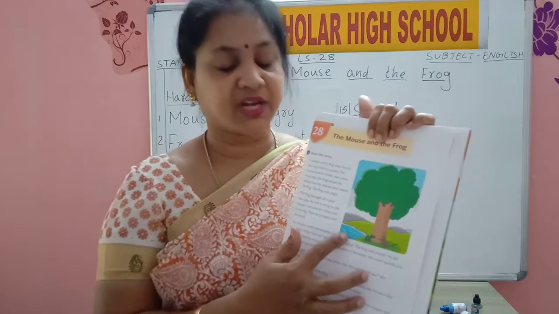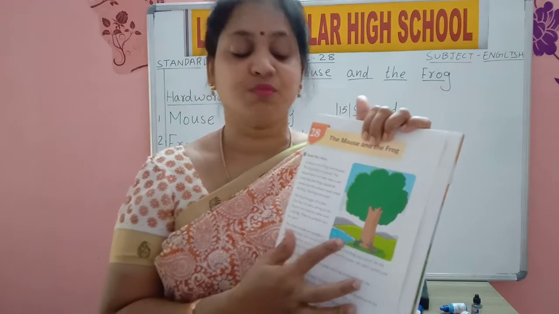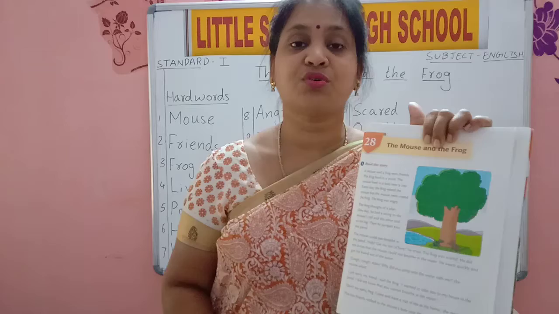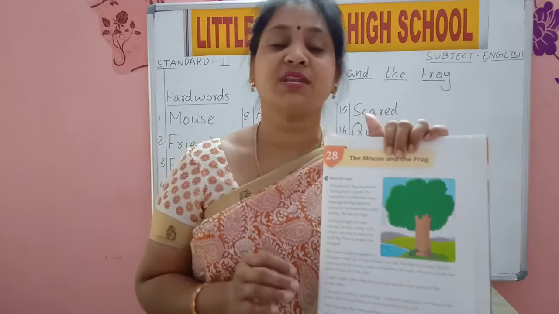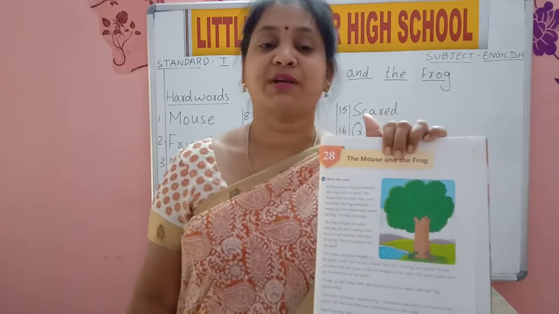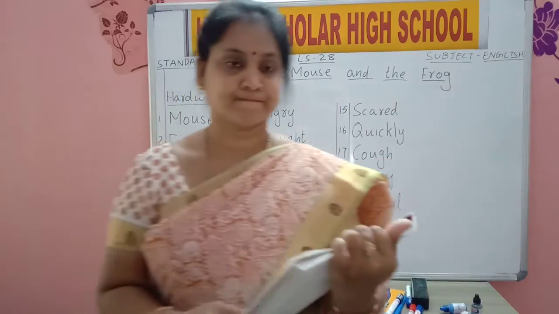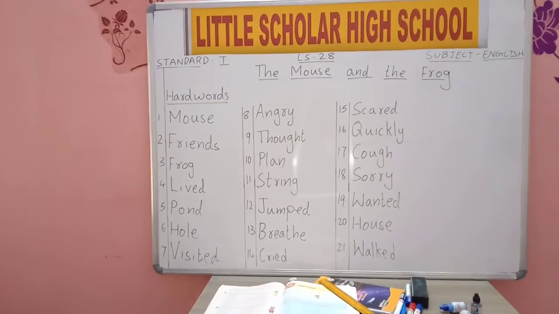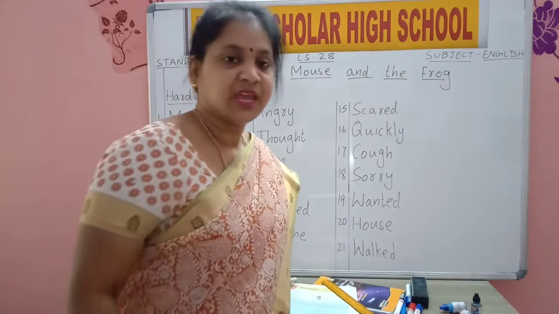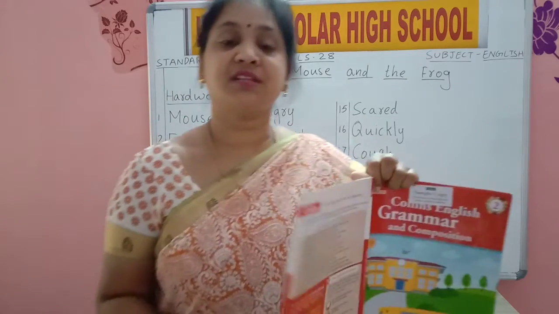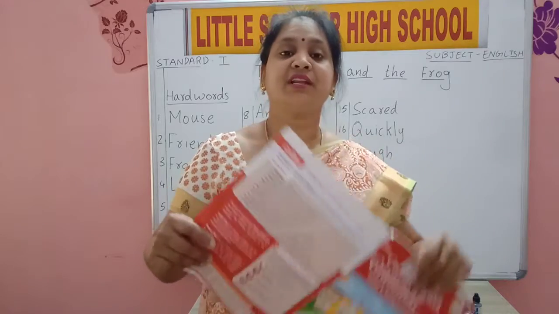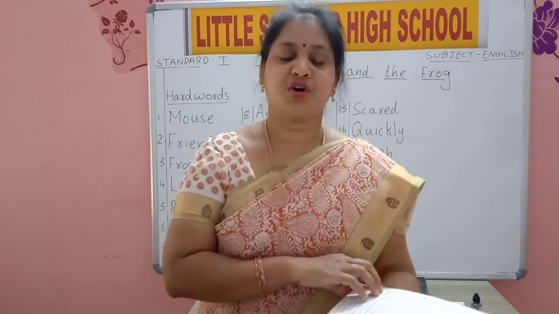Every day the frog used to go to the mouse's house. But the mouse never visited the frog. Every day the frog used to visit the mouse's house, but the mouse never used to go to the frog's house.